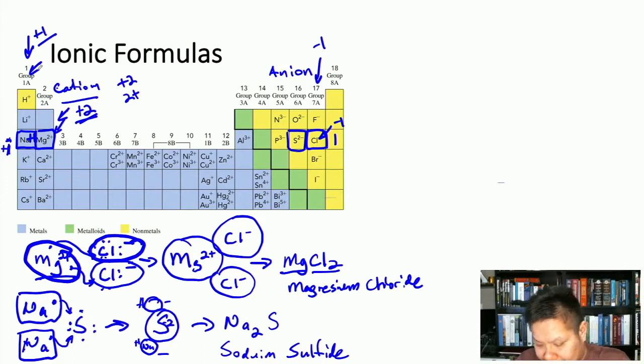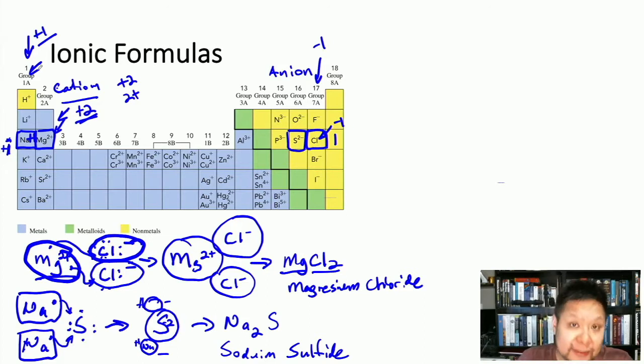And if we jump over to the anion side, or the nonmetal side, the group number corresponds to the valence electrons there as well, right? So group 7A, or group 7 as I call it for the purposes of this class, everything there, fluorine, chlorine, bromine, iodine, all have 7 valence electrons.